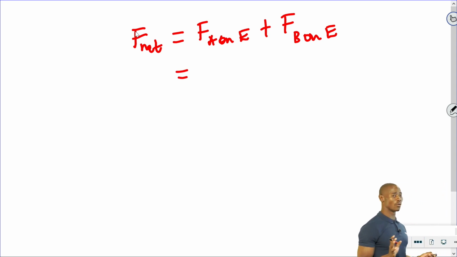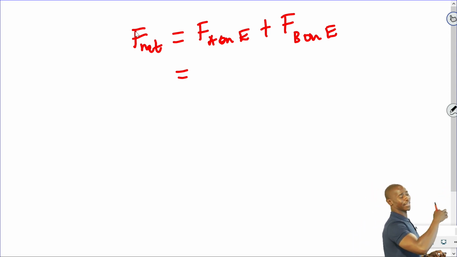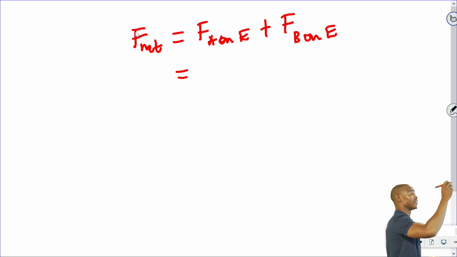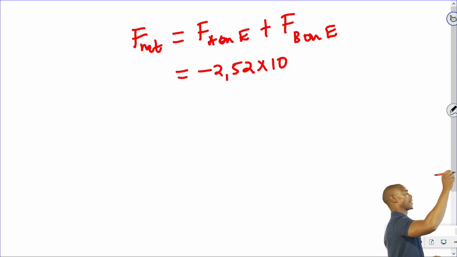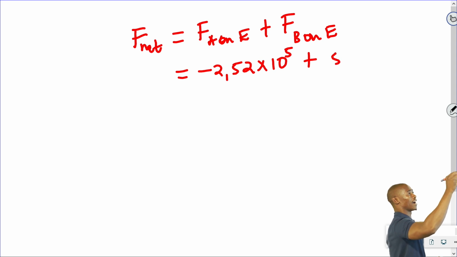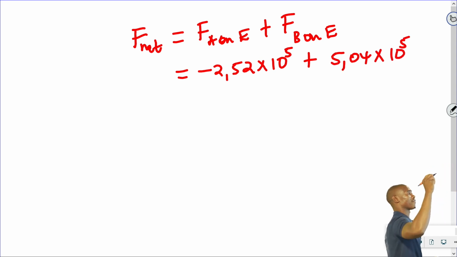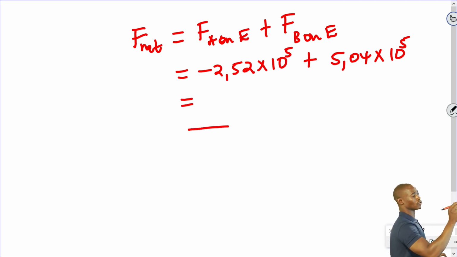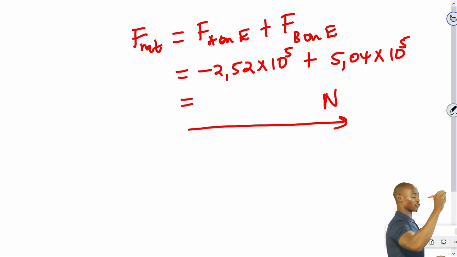You can see they're acting in opposite directions, so we can take left as negative. So it will be negative 2.52 times 10 to the power 5 plus 5.04 times 10 to the power 5.